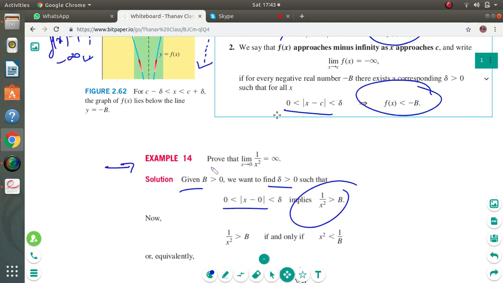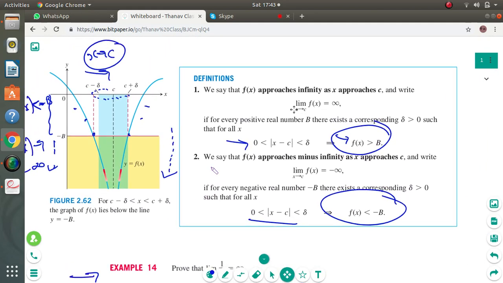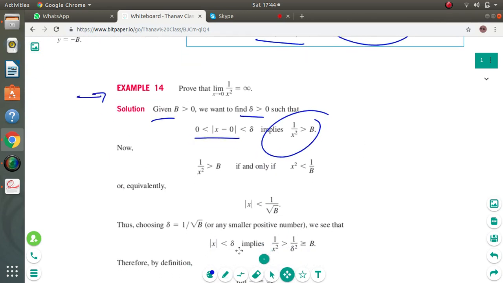So let me first go through this again. f(x) is greater than b for 0 less than modulus x minus c less than delta. This we use here. It implies now 1 by x^2 greater than b, and 1 by x^2 greater than b if and only if x^2 less than 1 by b.